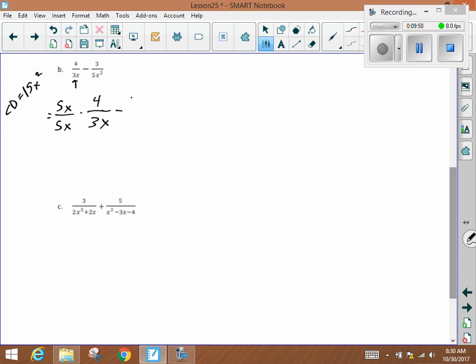This needs to get a 3 over 3. I'm not sure why I saw 15. I think it's wishful thinking. 5x squared. There we go. So now we'll have 20x over 15x squared minus 9 over 15x squared.